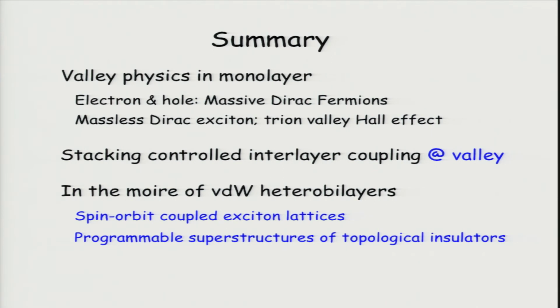And then in the Moiré pattern formed naturally in van der Waals heterostructures, that stacking controlled interlayer coupling leads to lateral modulation of optical properties as well as topological properties. You can have a spin-orbit coupled Exciton lattice and also a programmable superstructure of a topological insulator.